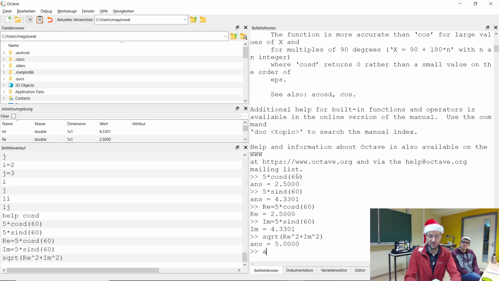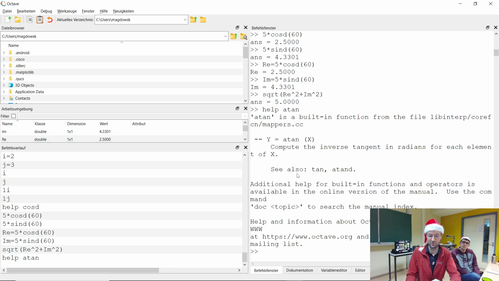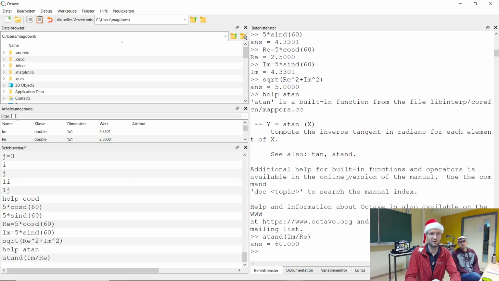And let's check arcus tangens. This is this function, and there's also some arcus tangens in degrees. So if we take the arcus tangens in degrees from the imaginary part divided by the real part, we should get 60, and we get 60. So nicely makes sense.